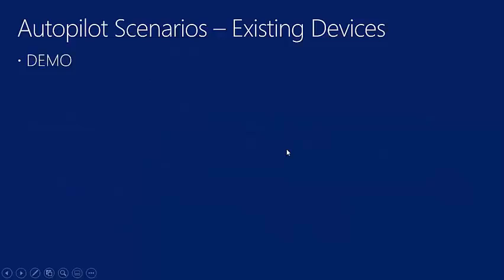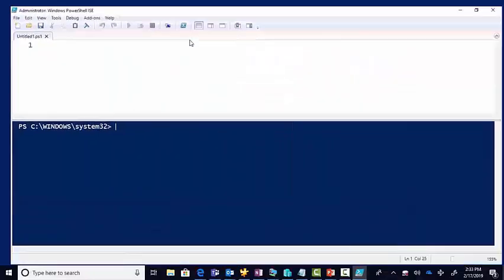So for the demo, a couple of things. We will need to get the list of deployment profiles from Intune. So what I'm going to do is open a PowerShell prompt. I'm going to use ISE just because I like that better.